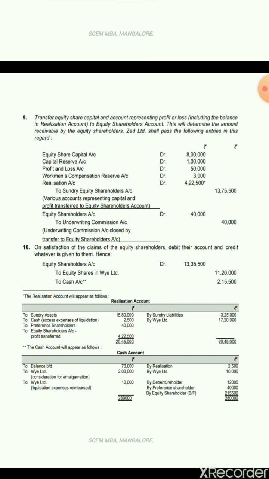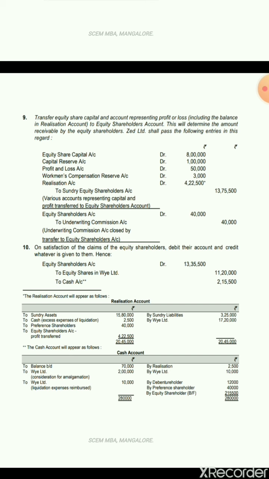All these things belong to equity shareholders, because when you look at the balance sheet, equity shareholders are the real owners of the business, and whatever the profit and loss account and reserves there are, all these belong to equity shareholders, right? So at the time of liquidation, these items should be transferred to shareholders account, so equity shareholders get the benefit of all this.